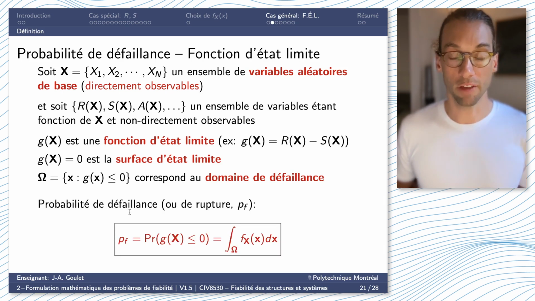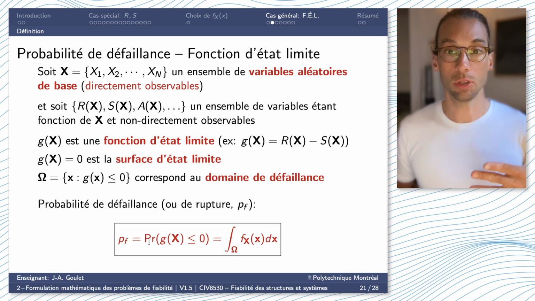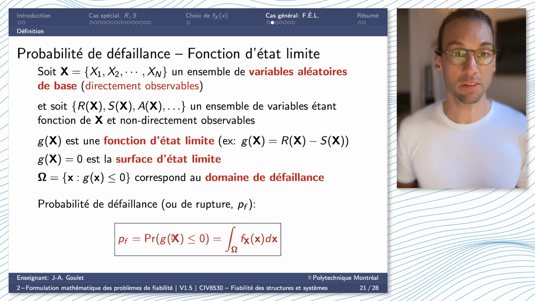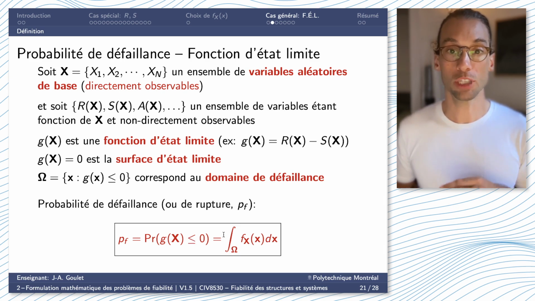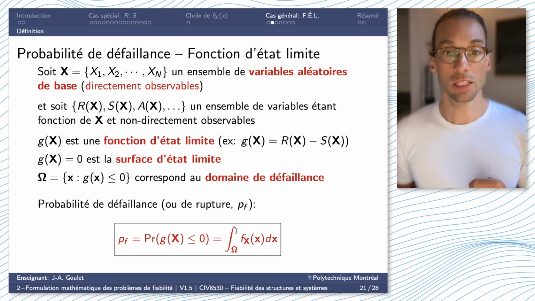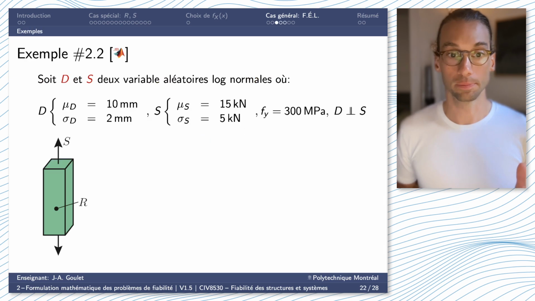My probability of failure, PF, is computed as the probability that my limit state function g of x is less than 0. In the multivariate case, with my n-dimensional x vector, that is the integral over omega, so all my coordinates x that are in the failure domain, of the joint probability density for x.